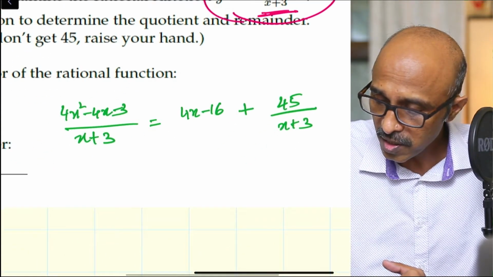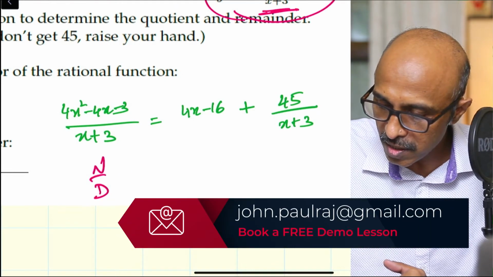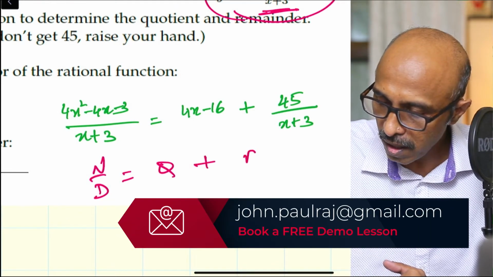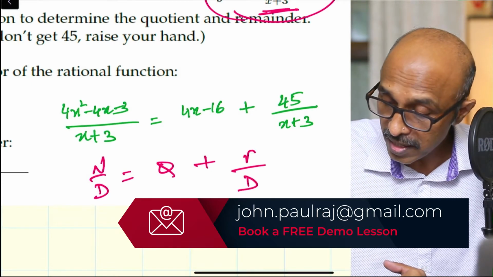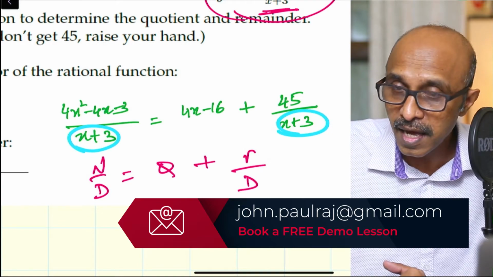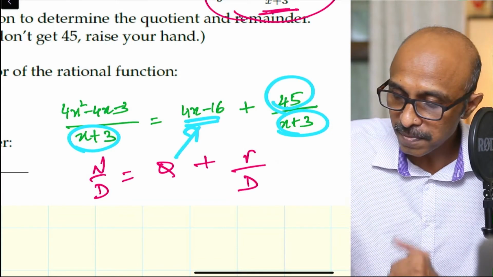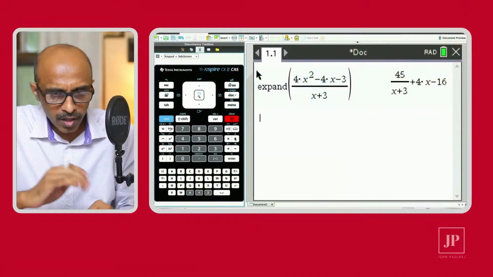Can you see the connection between n over d equals q plus r over d, with that same d? This is my quotient function, and that's my remainder. I'm going to continue this exploration on our calculator.